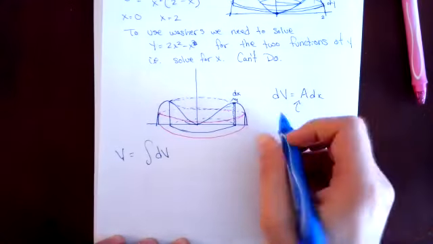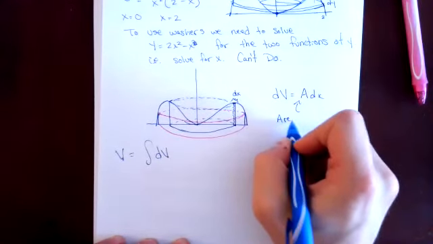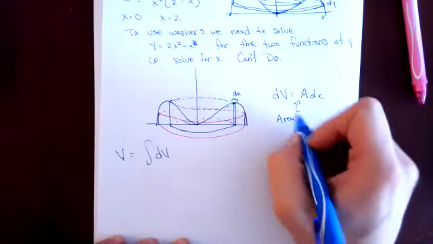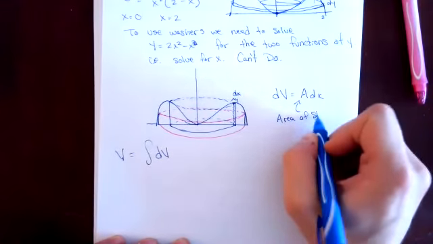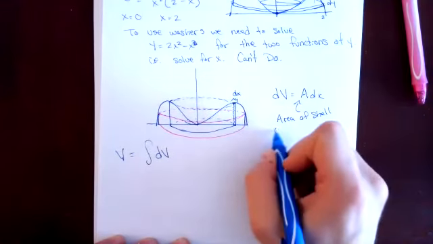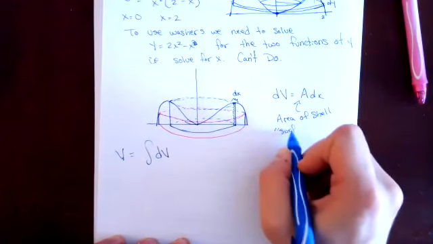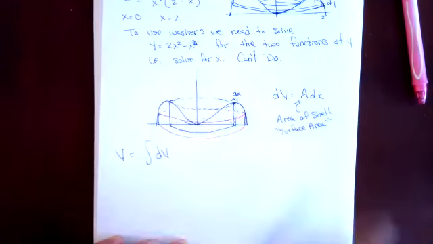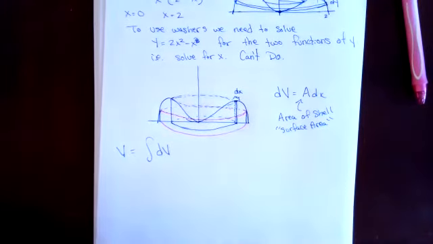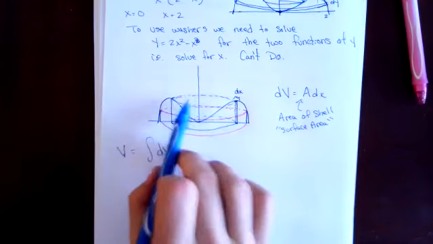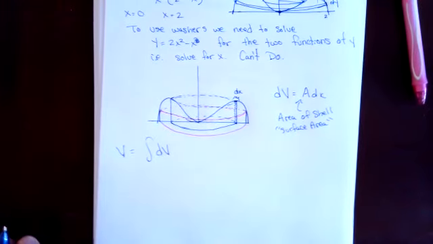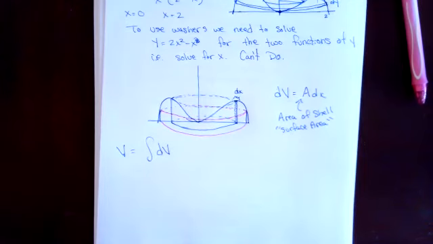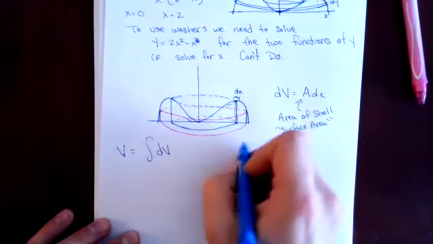In this case, this is the area of the shell. You can think of it as the surface area of a cylinder, just that broad outside shell. We don't have a top or a bottom, so I don't need to worry about those components.